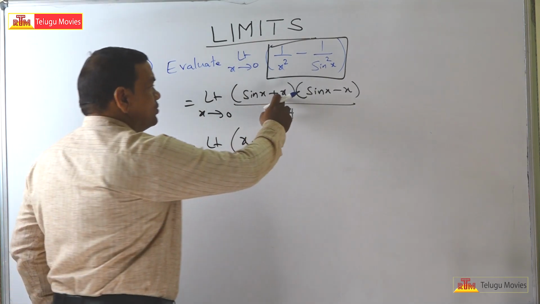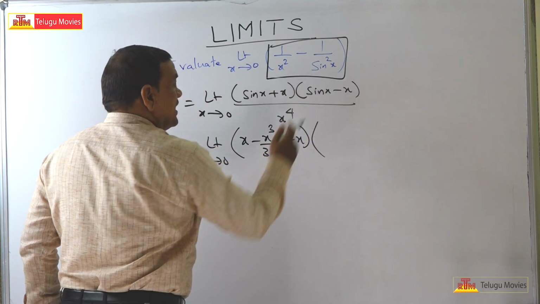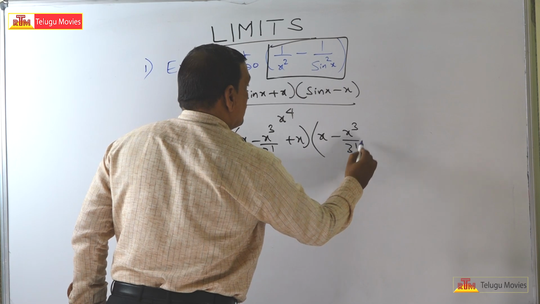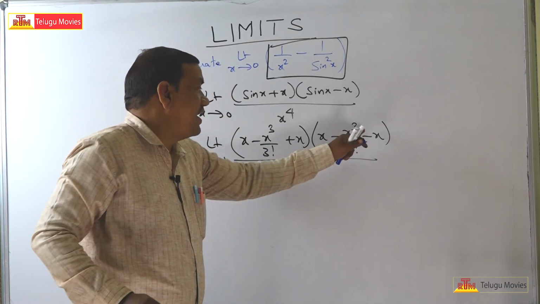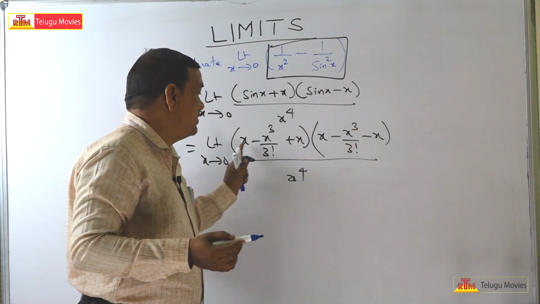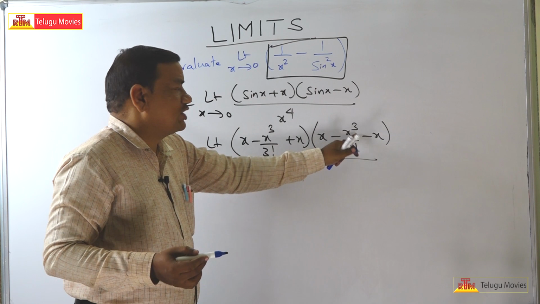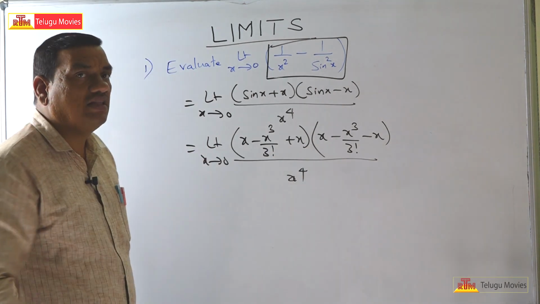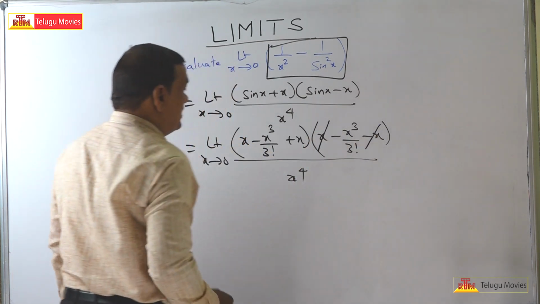Okay? No need of writing. So, the last one is plus x. Here sin x also, x minus x cube by 3 factorial, minus x, upon x power 4. Here x power 5, why? Because if you multiply these two, you will get x power 4 at maximum, okay? So you can avoid the higher powers. So here plus x minus x will get cancelled.